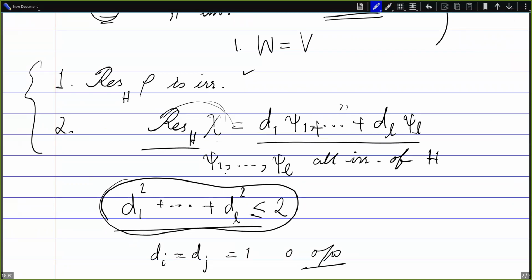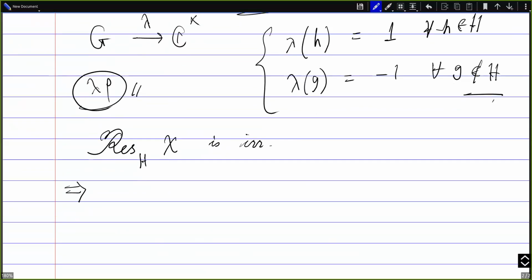So recall that here equality occurs if and only if the character of this representation is such that it vanishes identically outside H. So if and only if condition, therefore here we can just say that there exists g in G modulo H such that chi(g) is not equal to 0.